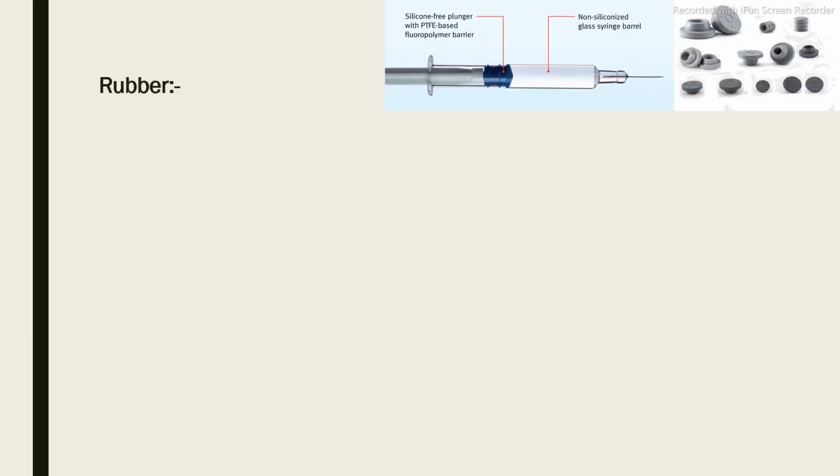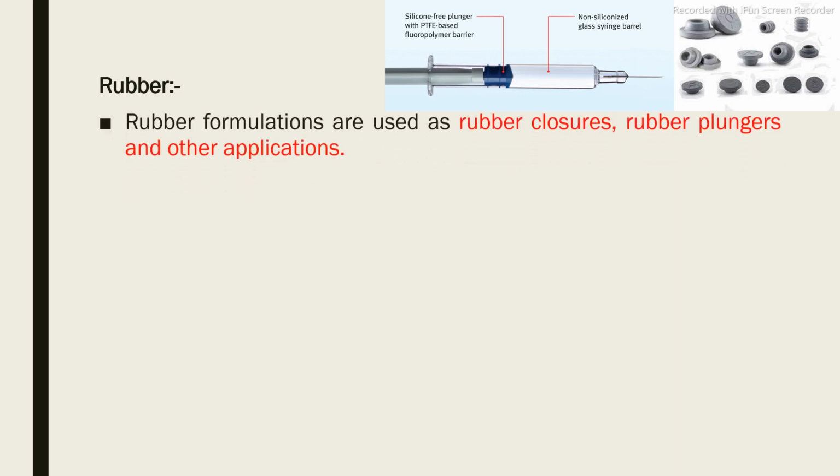Next one is rubber as a packaging material. Rubber formulations are used in rubber closures, rubber plungers and other applications. As you can see in this image, two images are there. On the left hand side, you can see the syringe. In the syringe there is one rubber part that is called the plunger.